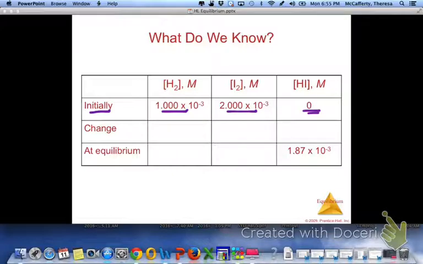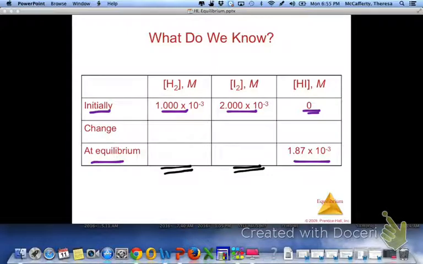I know when that system is allowed to come to equilibrium, I then have 1.87 times 10 to the negative third concentration of my hydroiodic. Do I have enough information to calculate what the concentration is of the hydrogen and the iodine at equilibrium?